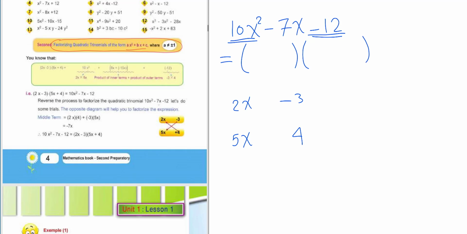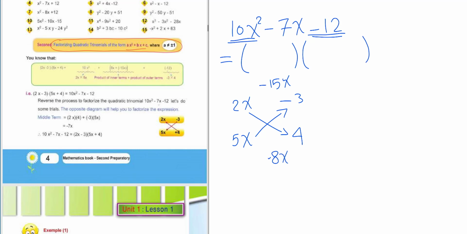The product of extremes and the product of means must give negative 7x to do the factorization. 5x times negative 3 equals negative 15x. 2x times 4 equals 8x.